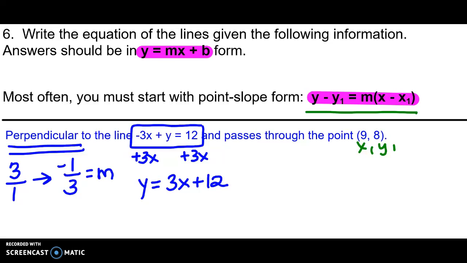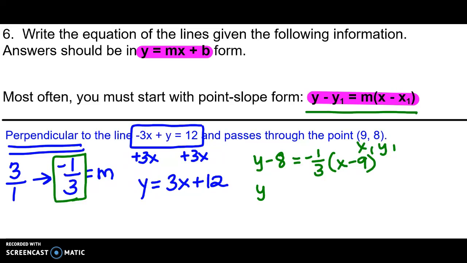So we have y minus 8 equals, remember our slope now is negative 1/3. That's the perpendicular slope. Negative 1/3 x minus 9. So first, distribute the negative 1/3. y minus 8 equals negative 1/3 x.